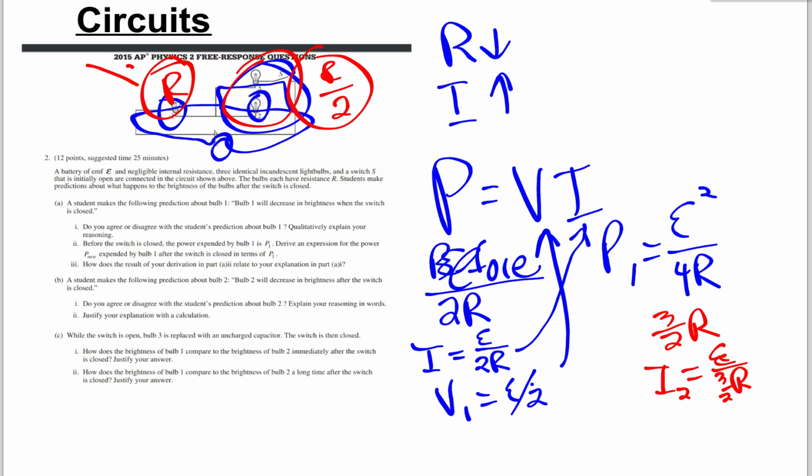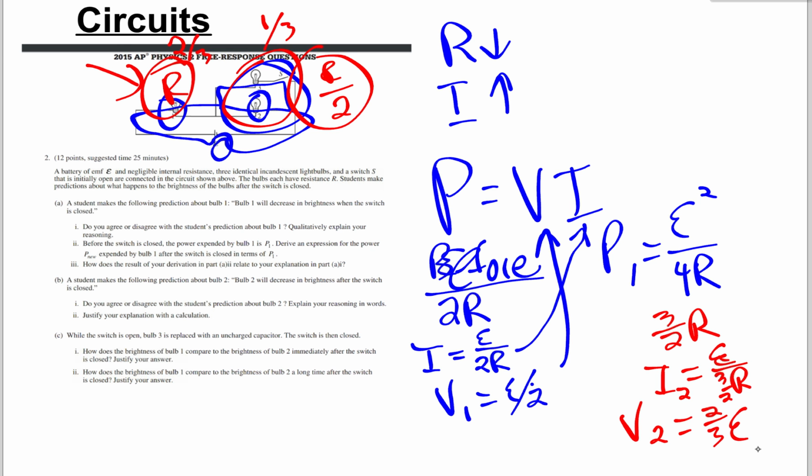This one's going to get twice as much voltage, so the voltage is split 2/3 and 1/3. So V2 equals 2/3 of E.